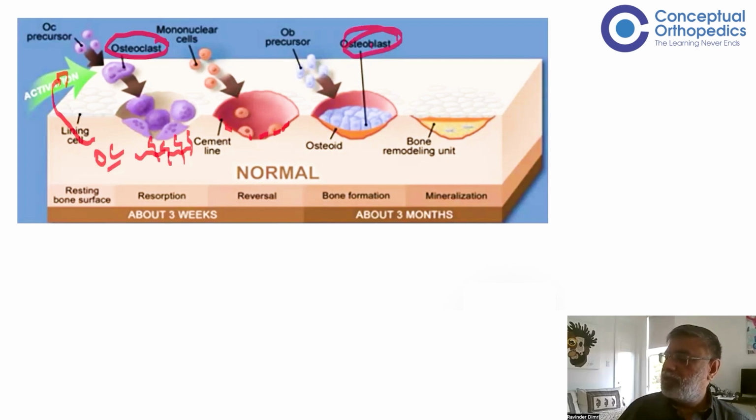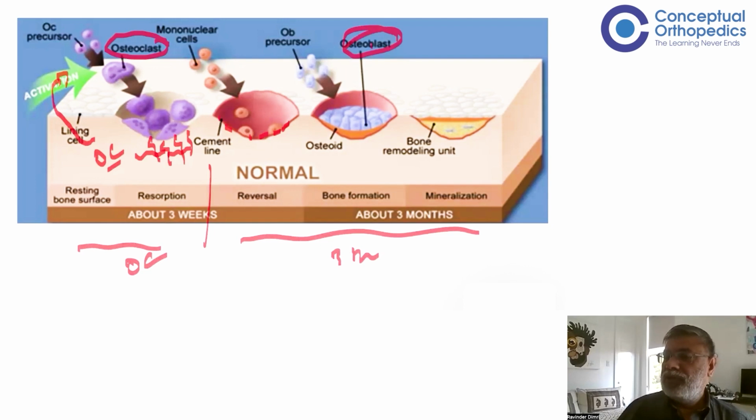Then osteoblasts come. Let's say in the first 3 weeks the osteoclast is coming, and then about 3 months are required for this pit to fill. Normally from the age of 20 up to menopause in ladies, and a bit longer in males, this is very synchronized. Whatever bone has been taken away is being filled.